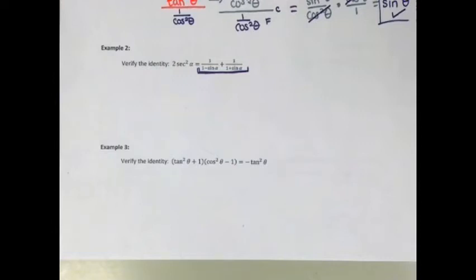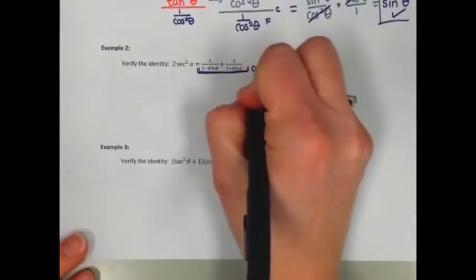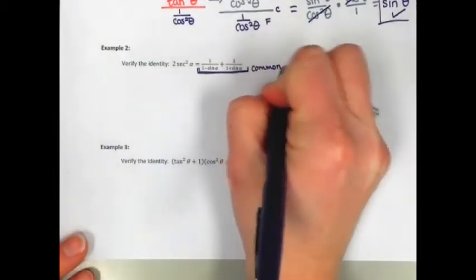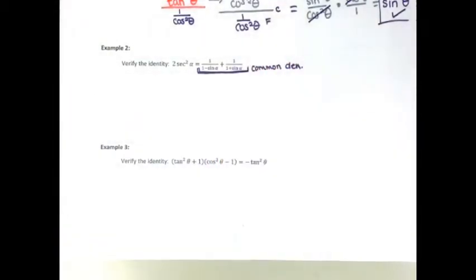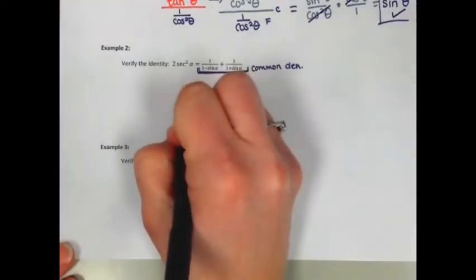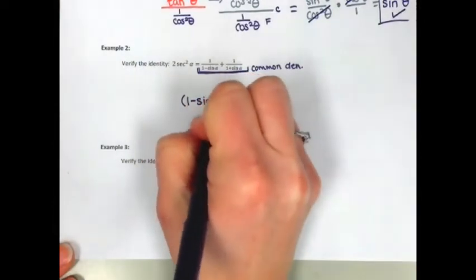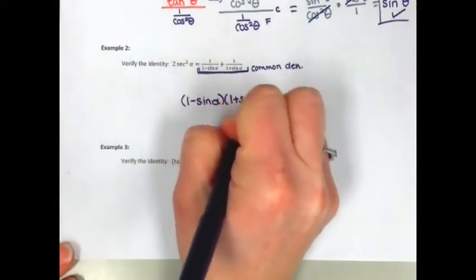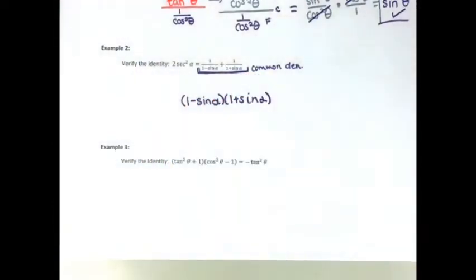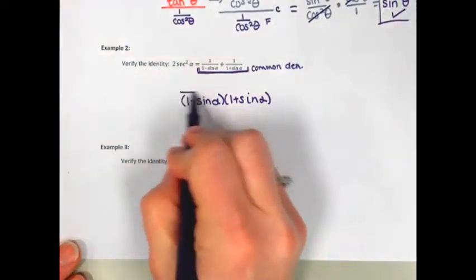Can I find a common denominator between 1 minus sine theta and 1 plus sine theta? What is my common denominator? Wouldn't my common denominator be 1 minus sine theta times 1 plus sine theta? Yeah. Okay.